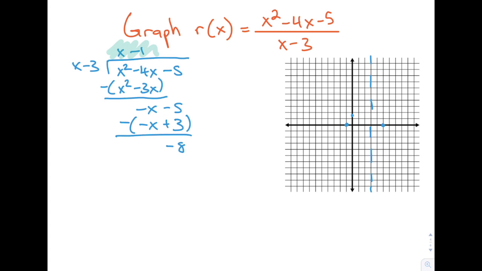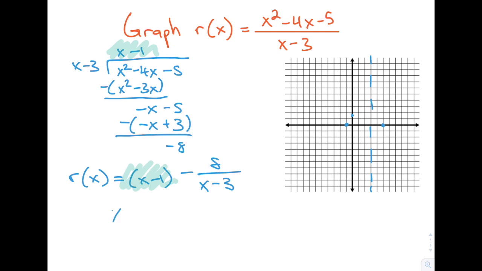So let's write this out. Now we know that we can rewrite r of x equals x minus 1 minus 8 over x minus 3. So just as when we've done this similar kind of analysis, this number, quote number, is the horizontal asymptote. It's still going to be the asymptote.